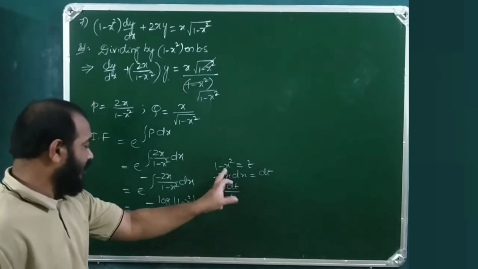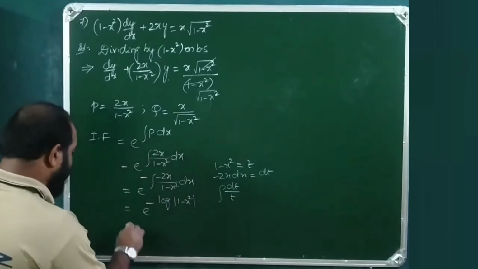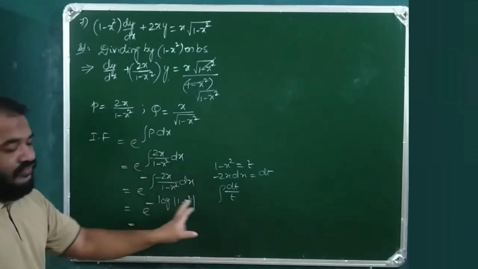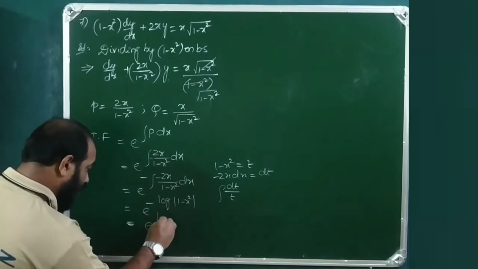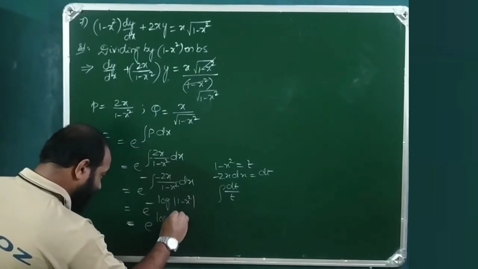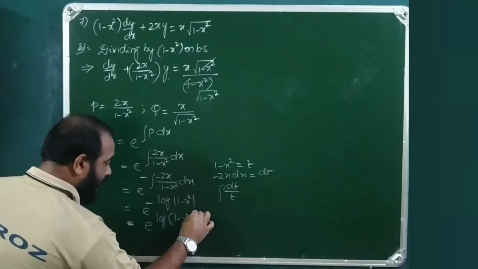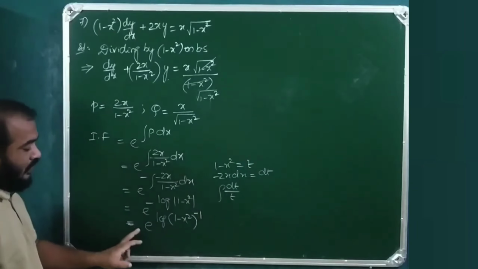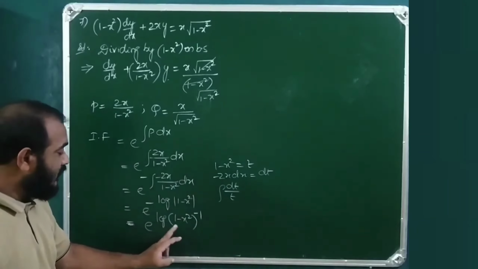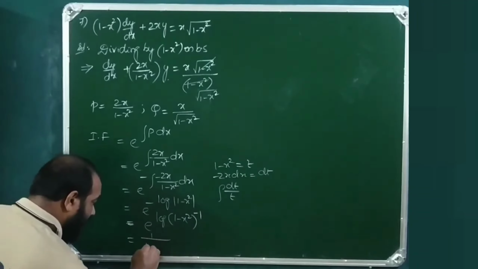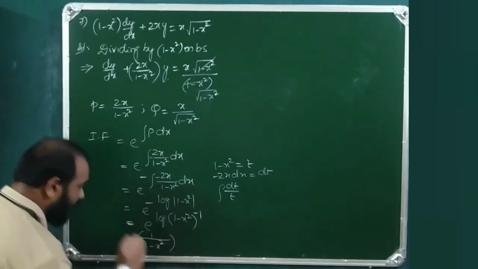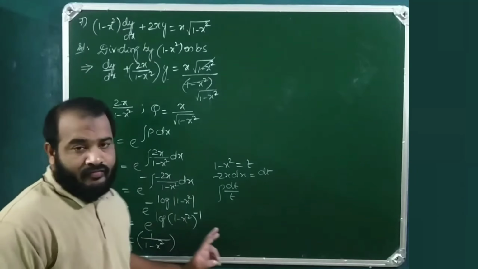Log t value is 1 minus x square. Now this equals e power minus log 1 minus x square, which can be written as e power log 1 minus x square whole power minus 1. So e power log gets cancelled. 1 minus x square whole power minus 1 is 1 by 1 minus x square. So this is the integrating factor.